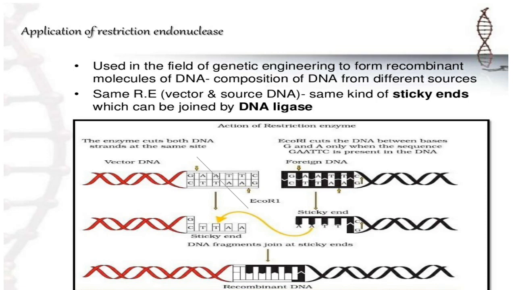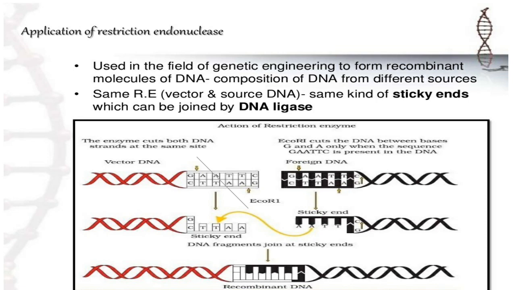The enzyme cuts both the DNA strands at the same site, in the vector DNA and the foreign DNA. Vector DNA is shown in red color and foreign DNA in black color.